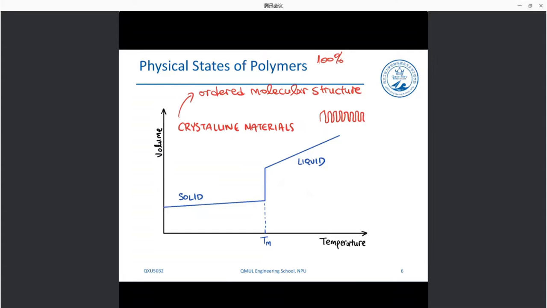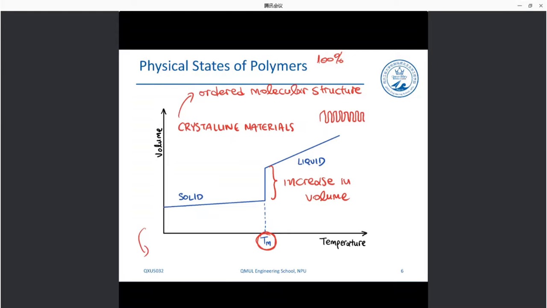And in this case, when we heat a solid crystalline polymer, we go through the melting point and we have an important increase in volume in order to produce the liquid state, okay?